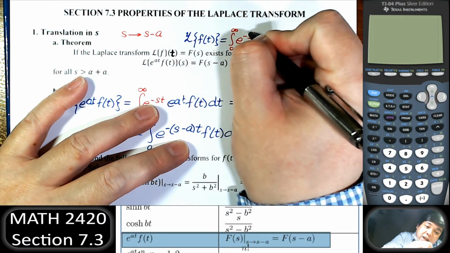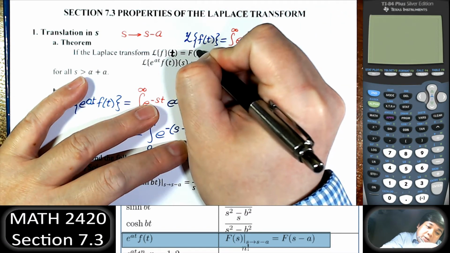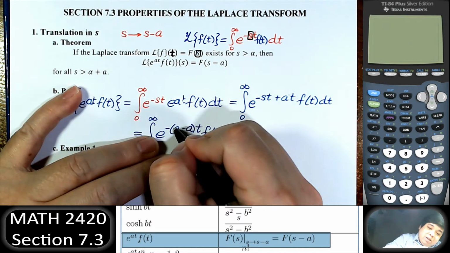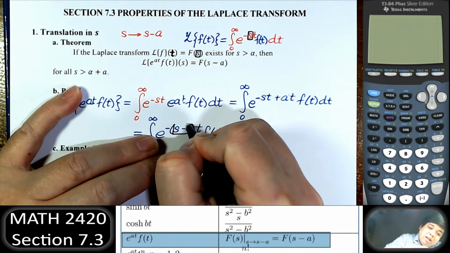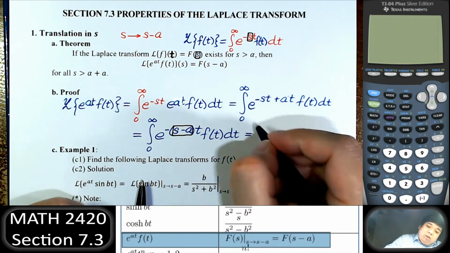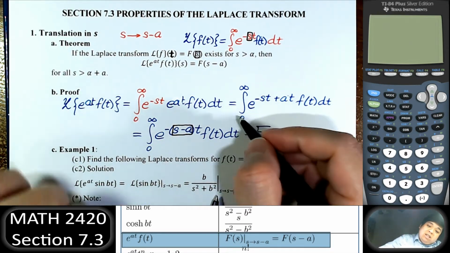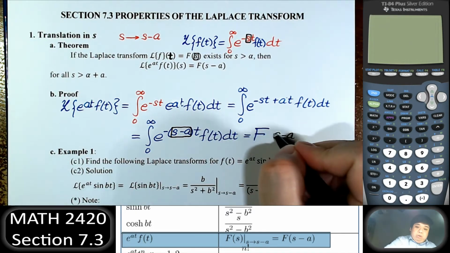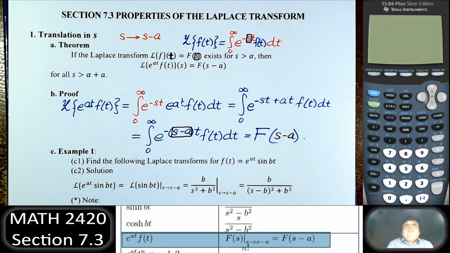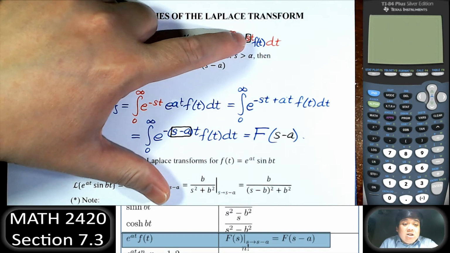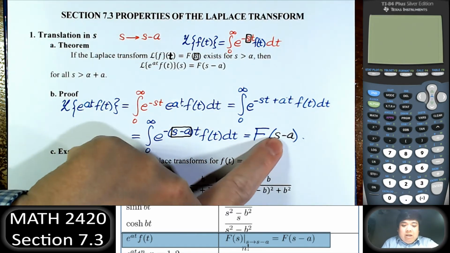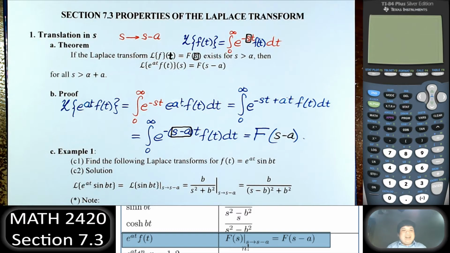If this is just s, then the function here is just F of s. Now instead we have s minus a here, so the Laplace transform will be F of, instead of s, s minus a. And that is the proof. We don't even do any integral. Just notice that by definition, if we have an s there, the function is F of s. Now if we have s minus a, it's going to be F of s minus a. So we just have that.